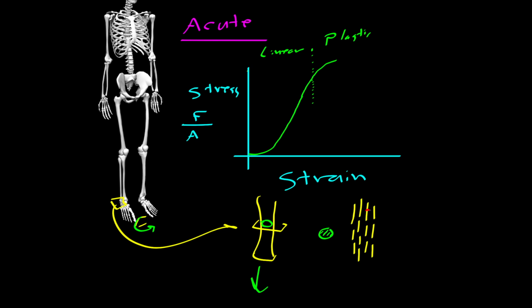So we get maybe that one breaks, and then maybe that one breaks, and a little later that one breaks, and that one breaks. And if this load keeps accumulating, what's eventually going to happen is we'll reach the ultimate strength, and then maybe it'll just pop right away, or maybe it'll stretch out even more and then break. And that's, of course, when you just get a complete tear.